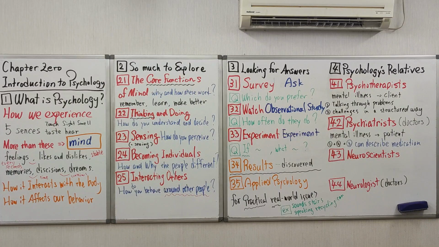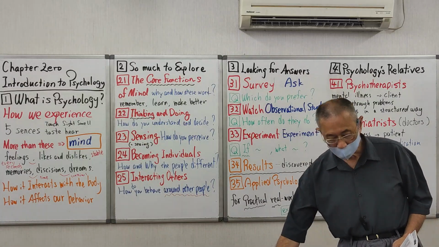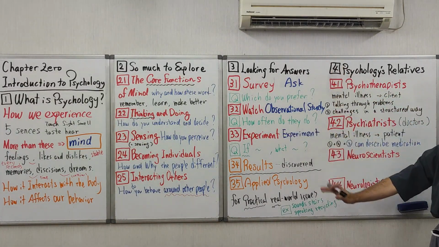Okay, now let's go on to the last one: psychology's relatives. Last page, pages 10 and 11. Psychology itself is 1, 2, 3, here are the terms.